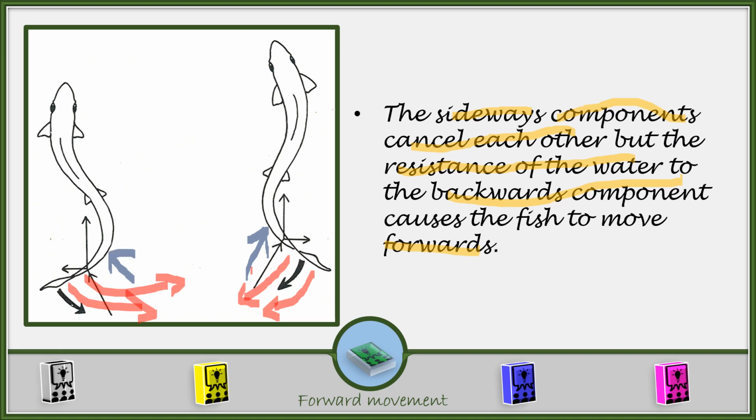So that resistance which is provided by the water is the one that is going to cause the fish to move in the front direction.